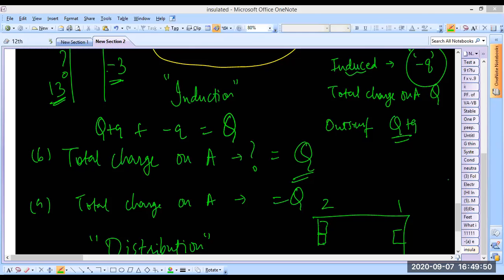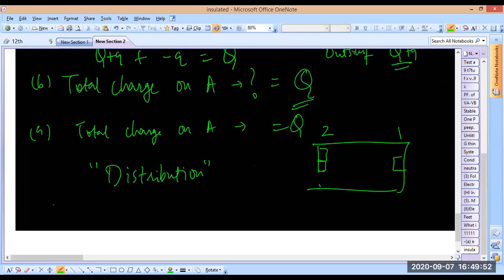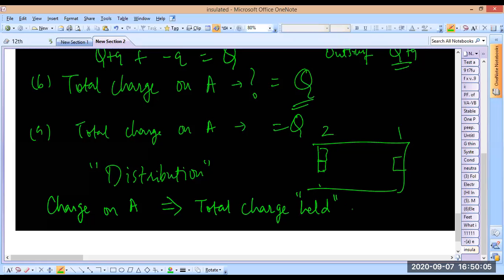You know, there might be a confusion about words here. When we say charge on A, it means the total charge held or possessed by A. Right? Is that okay?